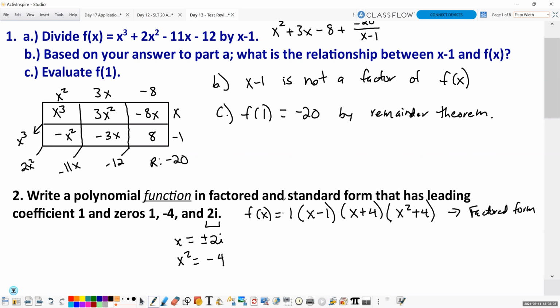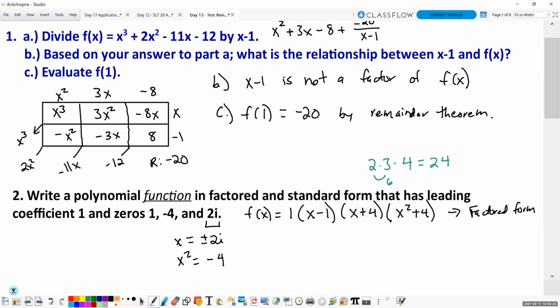Now to go to standard form, I need to multiply all 3 of these binomials together. Now I want to remind you that when we multiply 3 things together, like if I was doing 2 times 3 times 4, you don't do 2 times 3 is 6, and then 2 times 4 is 8, and then multiply 6 and 8. You would do 2 times 3 is 6, and then 6 times 4 is 24.